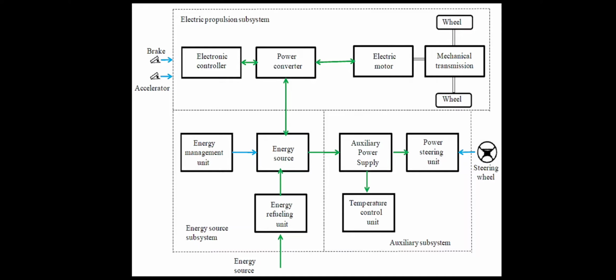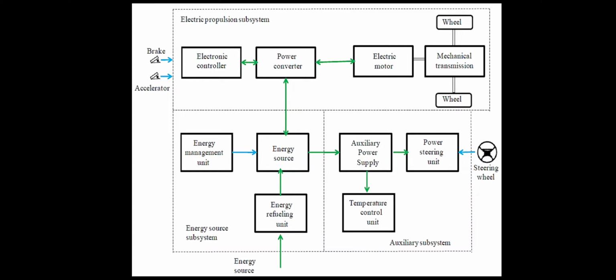The energy source subsystem consists of the energy source, that is battery, fuel cell or ultracapacitor, the energy management unit and the energy refueling unit. The auxiliary subsystem consists of the power steering unit, temperature control unit and auxiliary power supply. In this figure the black line represents the mechanical link, the green line represents the electrical link and the blue line represents the control information communications.